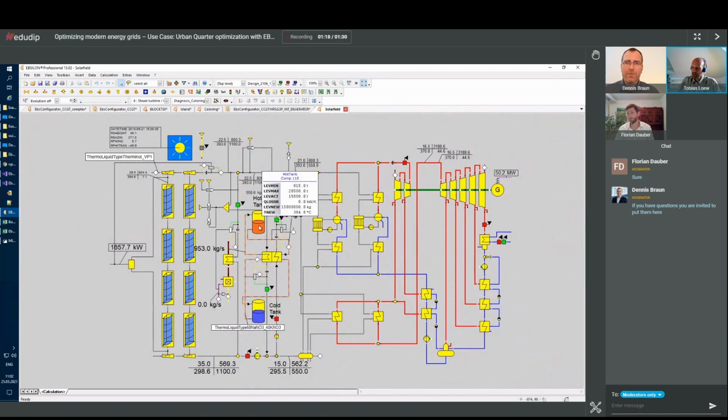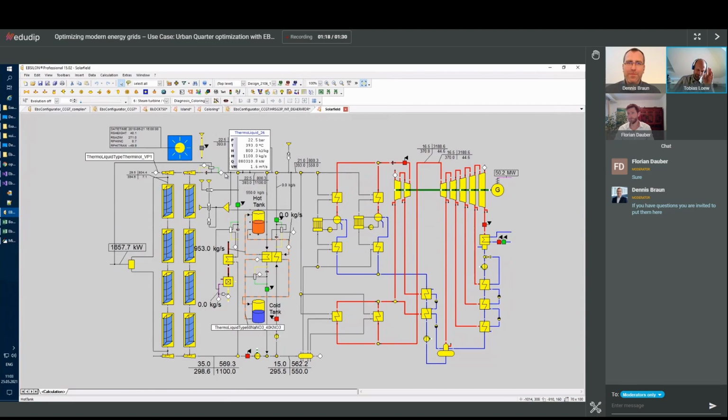Again, we use the tank system. So we have a hot tank and a cold tank. I think this uses a molten salt tank in here as an intermediate heat liquid or thermal liquid. So the troughs are driven by this molten salt in here at temperatures at the inlet of roughly 300 degrees Celsius, and at the outlet almost 400 degrees Celsius.